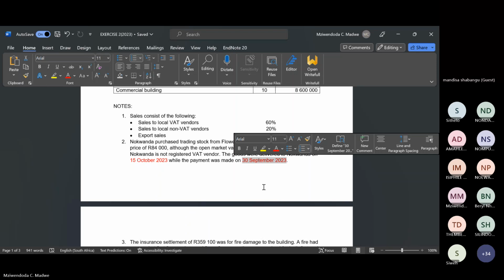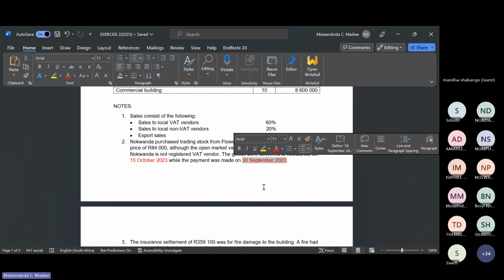We have 30 September 2023 and we have 15 October 2023. Once you have more than one date, you have to consider section 9, which is the time of supply.